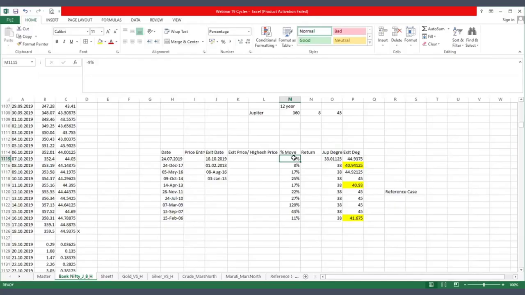Yes, see, if we get time, we will be able to cover somewhere around 7 to 8 cycles. After you know the mechanism, you will be able to test the cycle yourself as well. So the cardamom data Excel will be available to you.